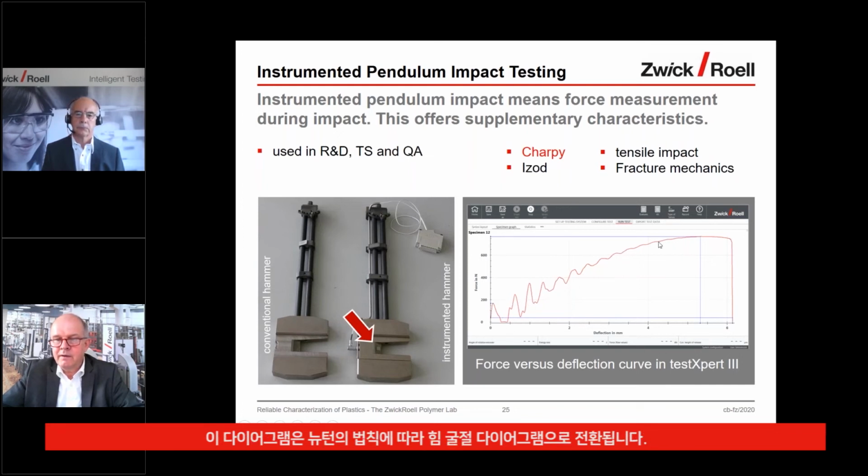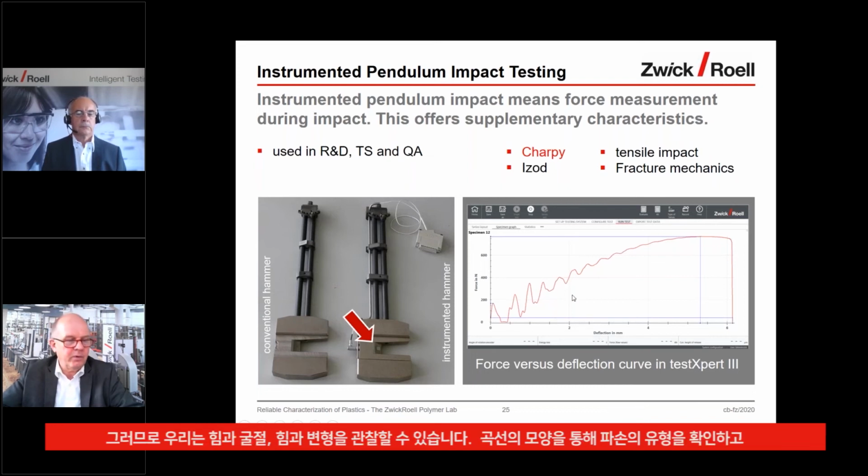So this is a typical diagram, and this diagram then can be converted by Newton's law to a force-deflection diagram. So we see force and deflection, so force and deformation.